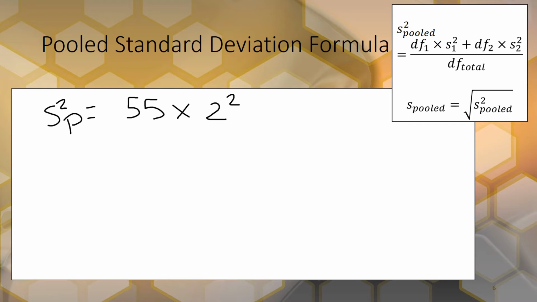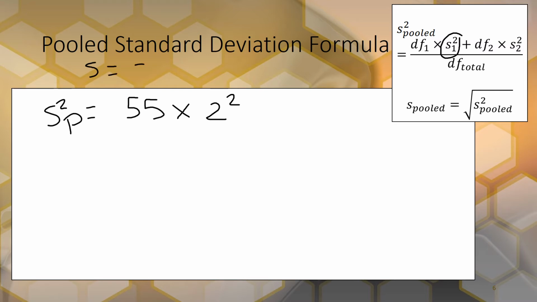If you're given the variance, then you would not have to square it. You just put 4 here. So if the problem said the sample variance for men was 4, then you would just put 4 here and you wouldn't square the 4. So pay attention to that. This is S squared. So standard deviation is S.